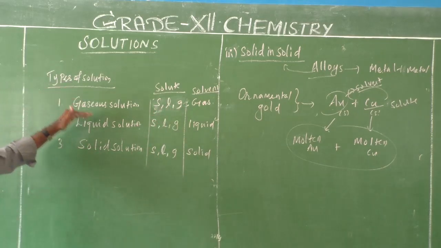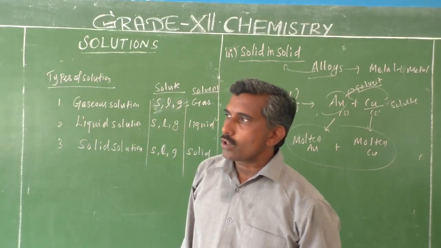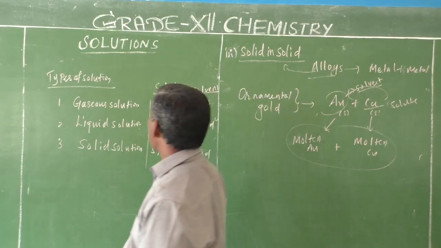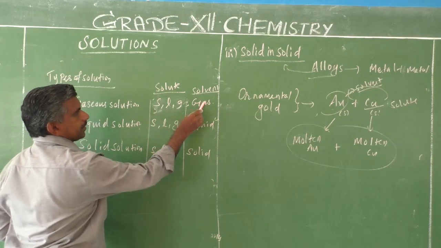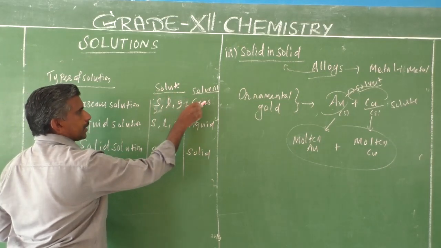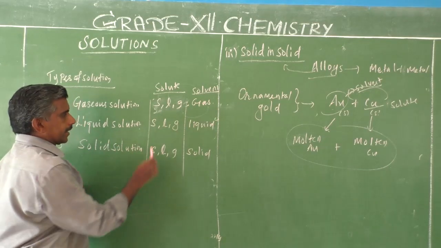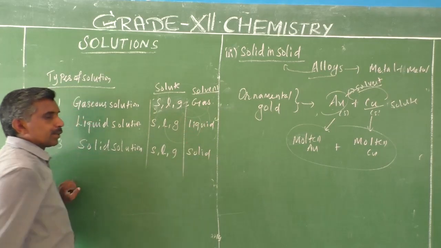So these are the types of solution: one, gaseous solution; second, liquid solution; third, solid solution. Gaseous solution has three categories: solid in gas, liquid in gas, gas in gas. Liquid solution also has three categories: solid in a liquid, liquid in a liquid, gas in a liquid.